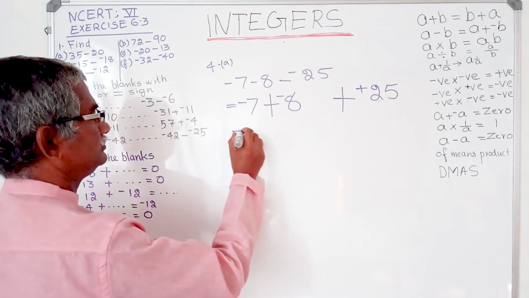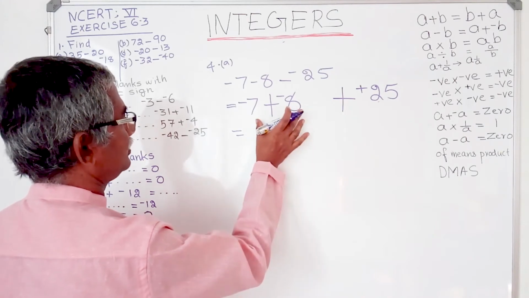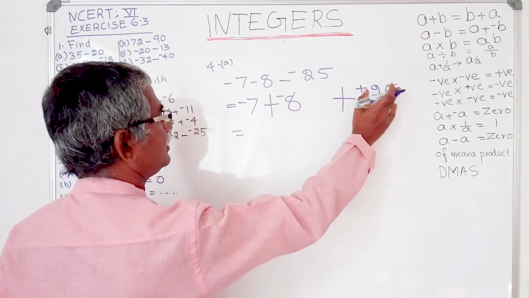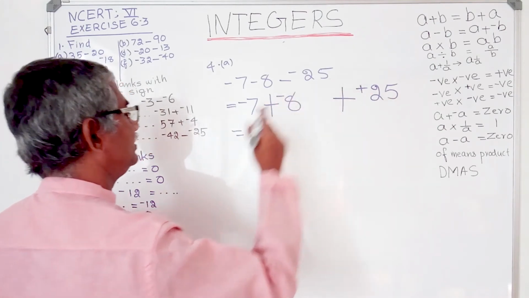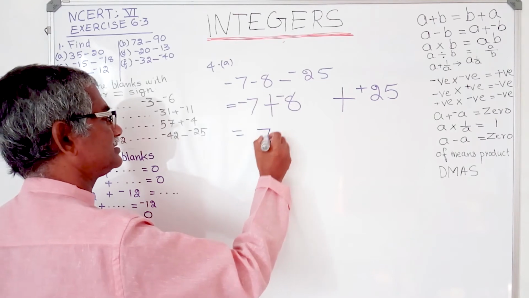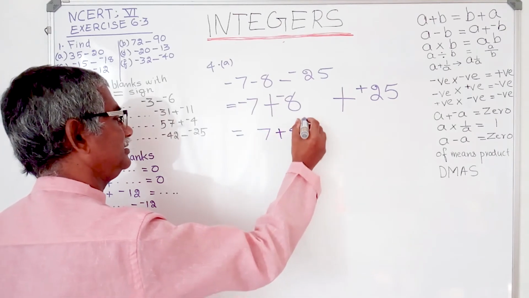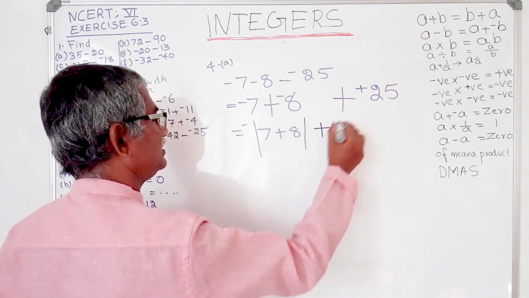Look, these two and another one: two of them are negative, one is positive. We can add the negatives together: 7 plus 8, with the sign negative, plus 25.